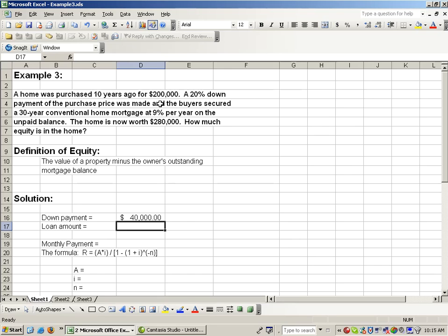Therefore, since the home was purchased for $200,000, the loan amount is $200,000 minus the down payment. Okay, so the loan amount is $160,000, and that's your present value, A.